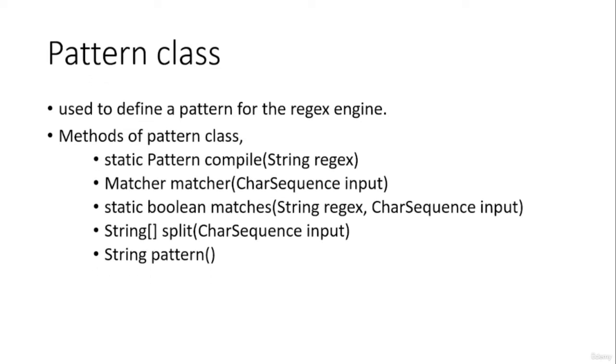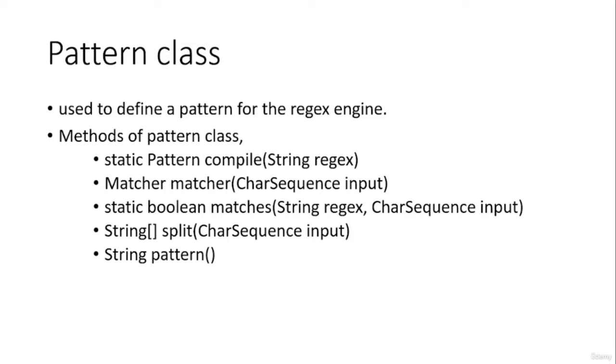Next is the Pattern class. The Pattern class allows us to describe a particular pattern which you want to search for in a particular string. It will be the regular expression which you define in the Pattern class. The Pattern class has the following methods: compile, matcher, matches, split, and pattern.